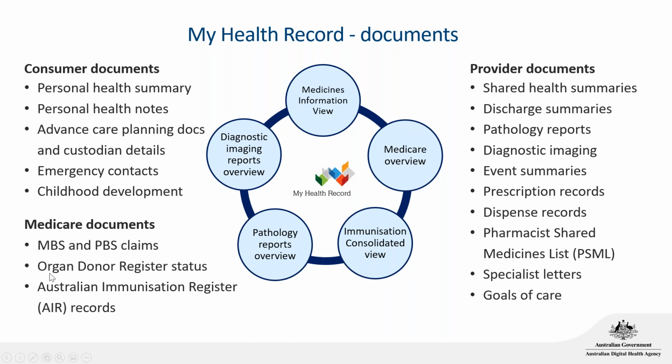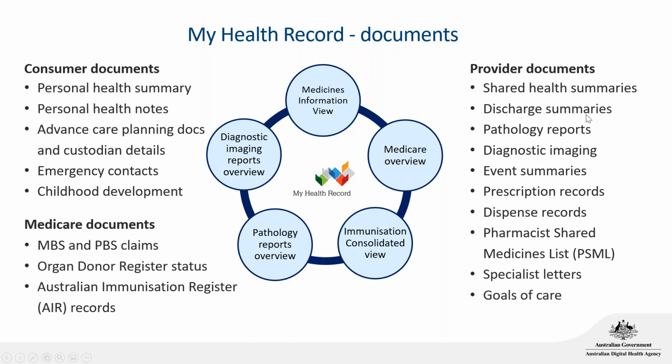Also, Medicare looks after the Australian Organ Donor Register and the Australian Immunisation Register. So information in those registers flows through into the patient's My Health Record generally by default as well. We then, of course, do have those specific healthcare provider documents that can be uploaded by healthcare providers or by healthcare organizations.